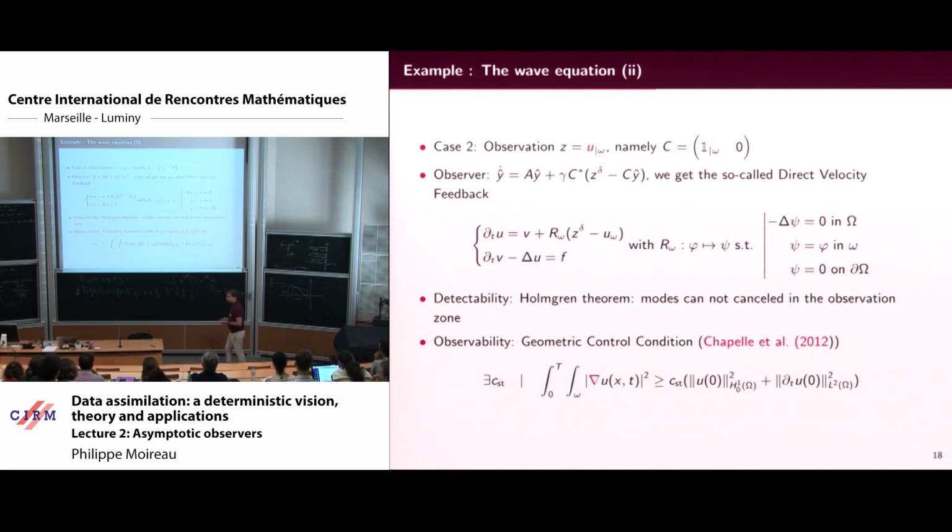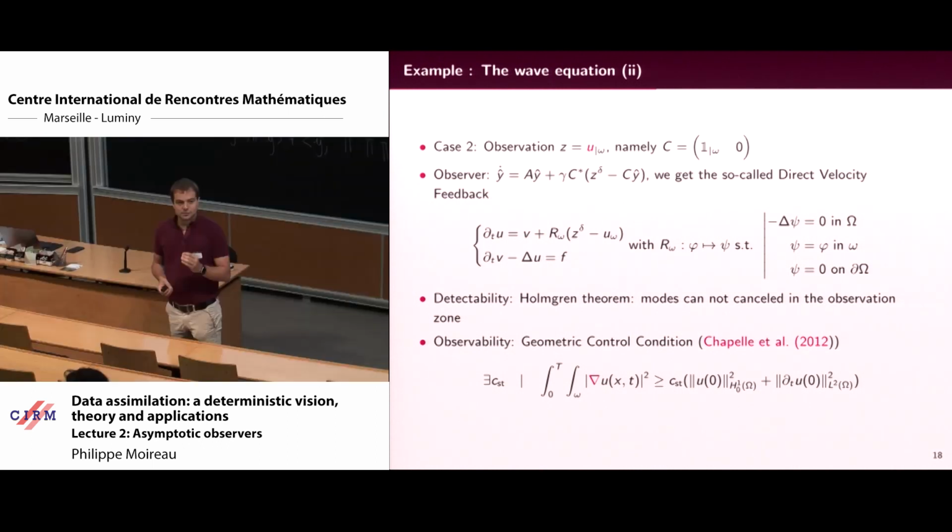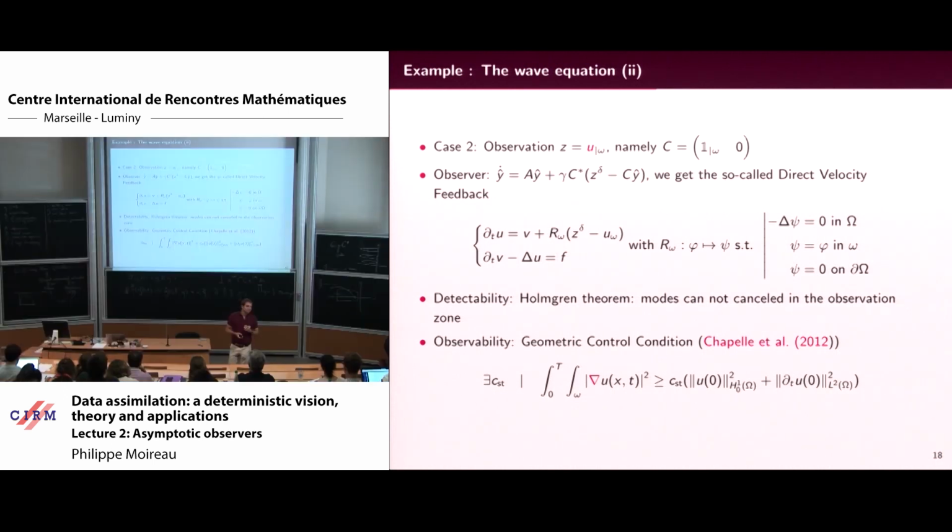What is very nice when you see observability condition is that it is a condition for injectivity of the inverse problem. The injectivity condition says that either you should give me the velocity, or if you give me a displacement, it should be H1. In practice, you will never have an H1.